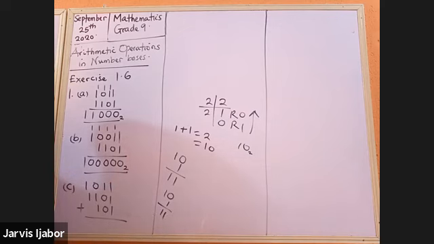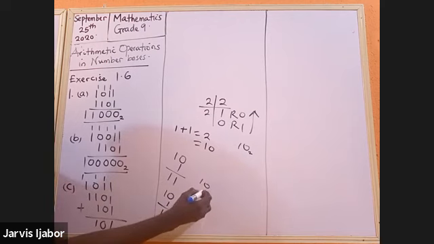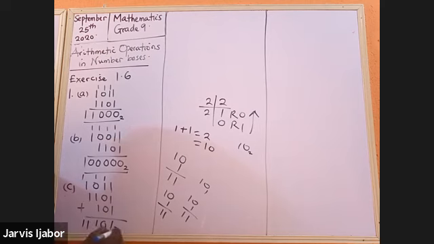See where I'm writing it out to help my work. So that will be 1 carry 1. 1 plus 1 will be 0 carry 1. 1 plus 1 is 10, plus 1, that's 11. That will be 1 carry 1. 1 plus 1 is 10, carry 1. 10 plus 1, that's 11. Base 2. So this is what the answer to that question would be.